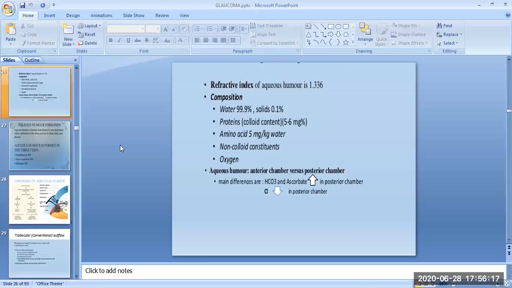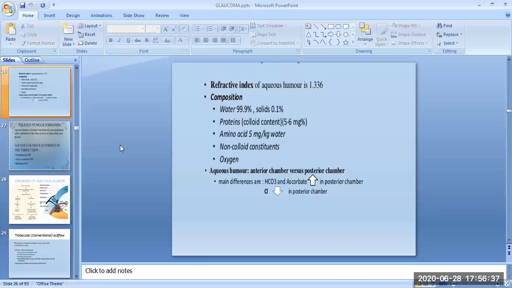Oxygen is present in the aqueous humor in dissolved state. Thus, the composition of aqueous is similar to plasma, except that it has a high concentration of ascorbate, pyruvate, and lactate, and low concentration of protein and glucose.